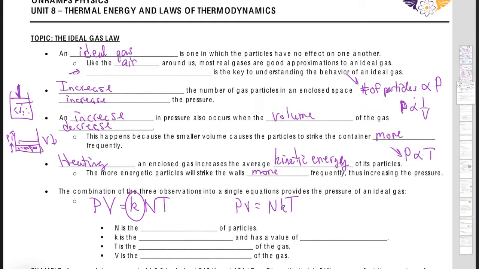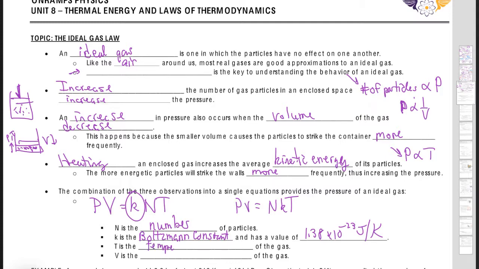N is the number of particles. K is what is known as the Boltzmann constant, and it has a value of 1.38 times 10 to the negative 23 joules per Kelvin. And T is the temperature of the gas.